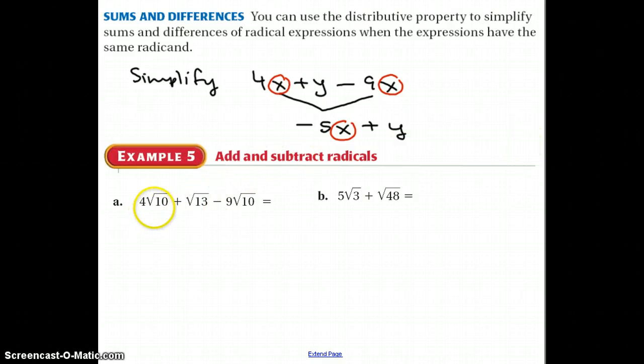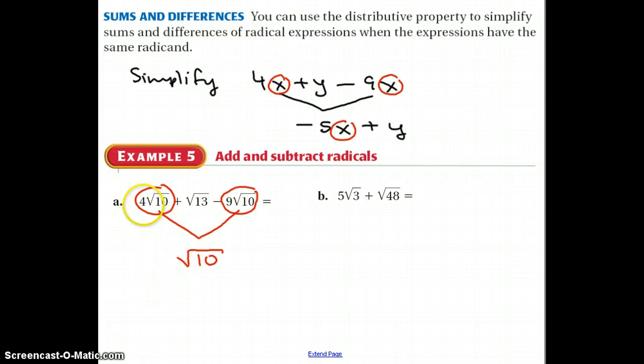So we're going to have like radicals that have the same number inside the radical, like, for example, square root of 10. We are going to treat them as like radicals, so we can combine them together. They're going to stay as square root of 10. The only thing that's going to change is the coefficient in the front.